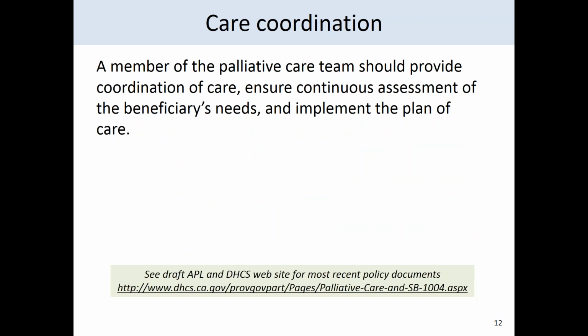Care coordination. So some member of the palliative care team, it doesn't say which member, should provide coordination of care, ensure continuous assessment of the beneficiary's needs, and implement the plan of care. So oftentimes it's done by several members of the team, but somebody needs to take responsibility for it. Next slide, please.